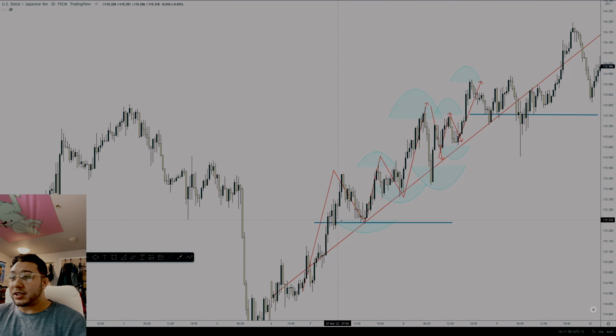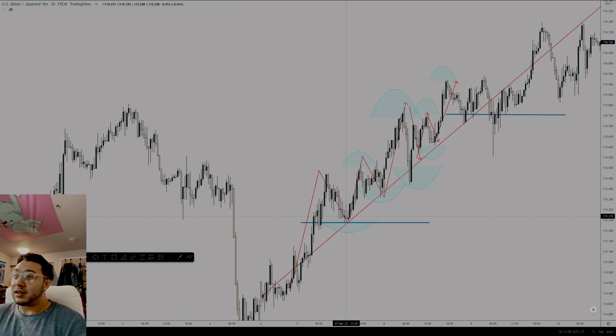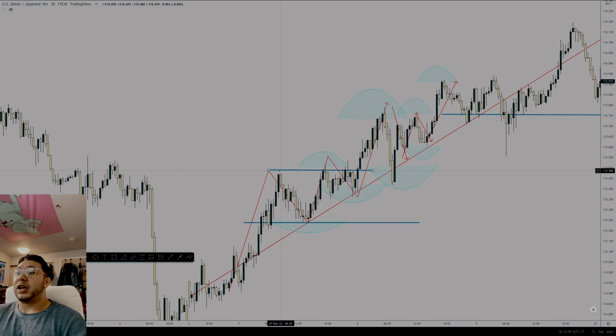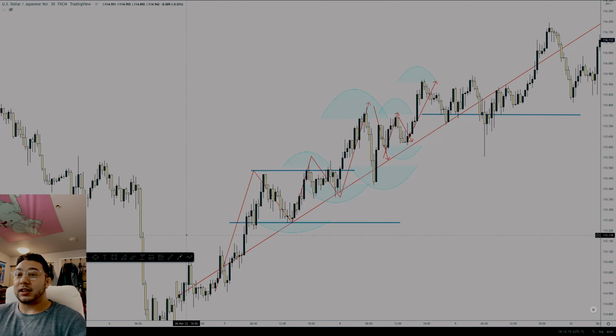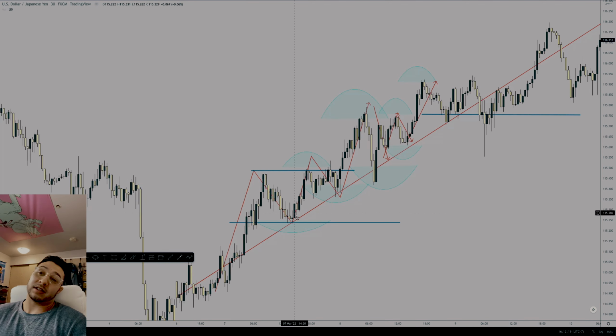But you can see there is a level of support right here where this higher low point was made, right? And after that we hit some resistance, which would be another key level, a minor, lower time frame key level on the 30-minute. And in order for the market to continue trending, it needs to respect support, create a higher low on these areas, and then break resistance by making a higher high, right?